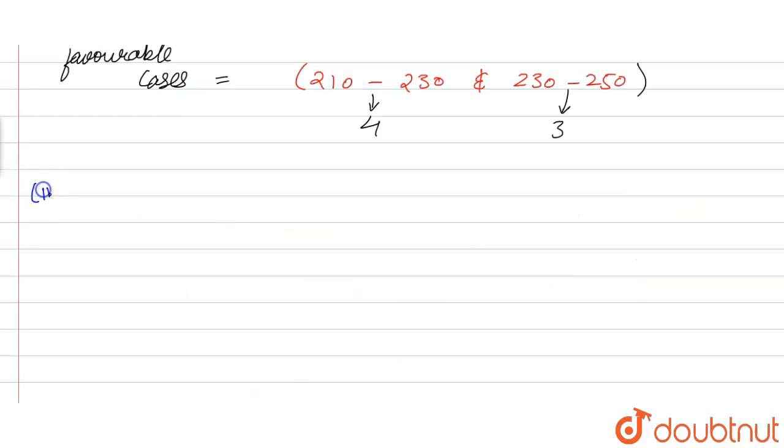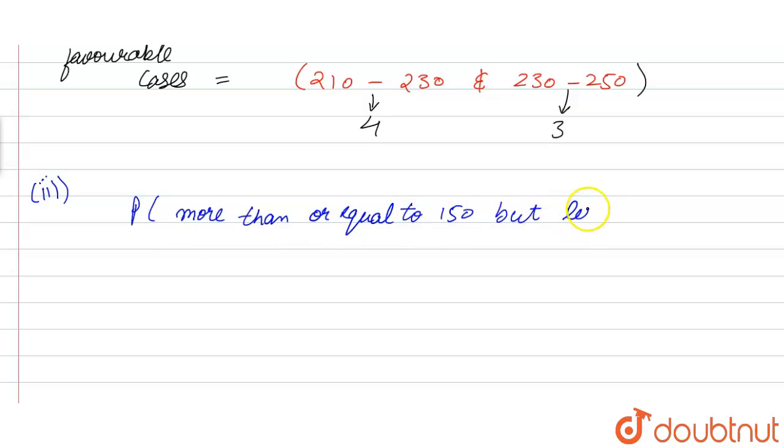The third part is to find the probability that the worker has his wage more than or equal to 150 but less than 210 rupees.